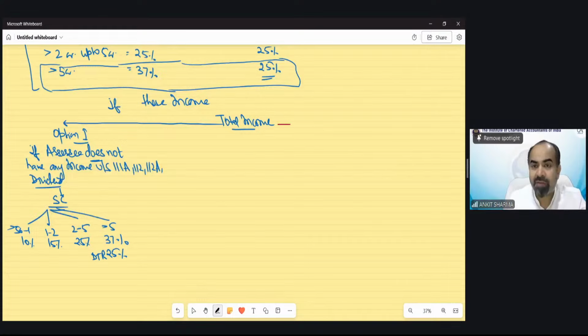Now, what will happen when the assessee's income also includes these categories of income? Option 2 or scenario 2, whatever.